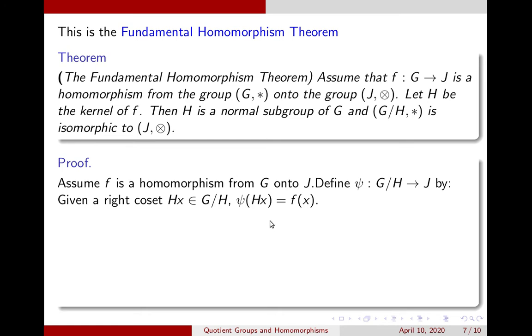Well, there's sort of a natural choice. Psi of the right coset will be f of x. Right? F takes inputs from G and gives us outputs in J.